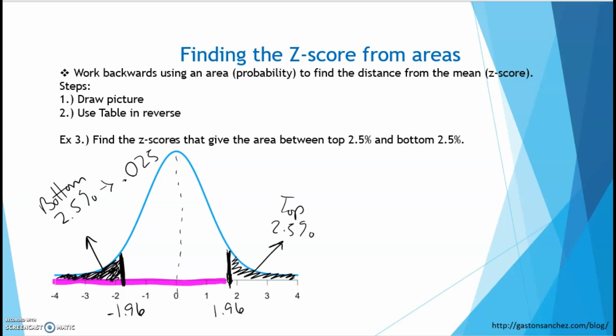Or another way of finding that number: if I start right here, then go all the way over, well, I need that percentage. If I know that this little part right here is 2.5%, then I can get the rest of it. So let me erase some of this stuff.